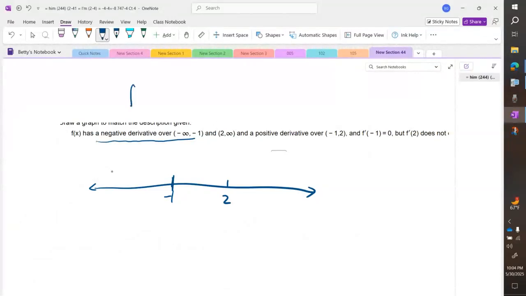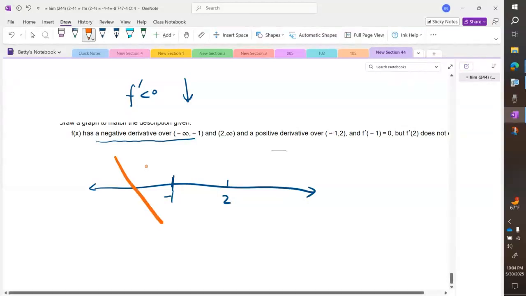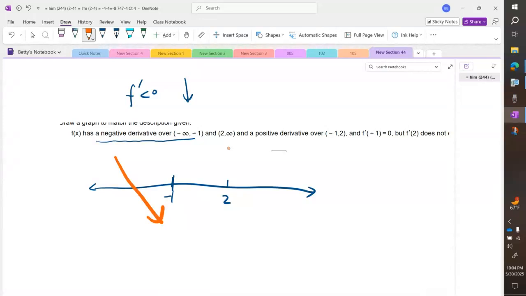So f of x has a negative derivative over negative infinity to negative 1. That means if the derivative is less than 0, we know the function is decreasing, right? A negative derivative shows the function is decreasing over that interval. So it's decreasing here, and from 2 to infinity it's also decreasing.